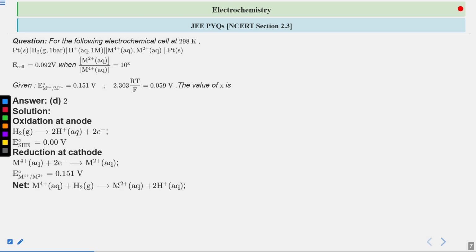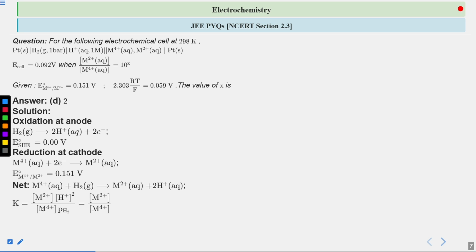Whatever was at the left hand side of the arrow, after adding the two reactions of oxidation and reduction, will be added up and placed at the left hand side of the arrow, and similarly the right hand side things will add up together and be placed at the right hand side of the arrow in the net reaction. So that's why we have written M4 positive plus H2 at the left hand side, giving us M2 positive plus 2H positive at the right hand side. So this is the net reaction happening in our cell.